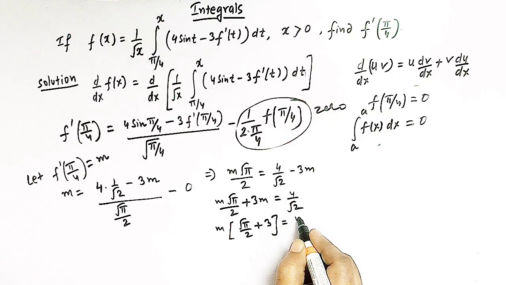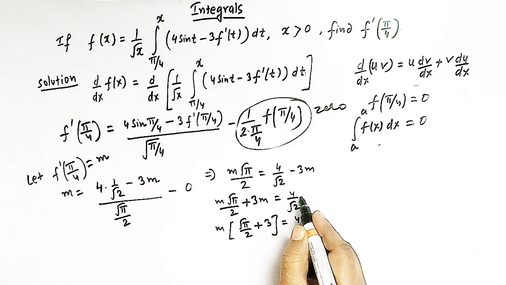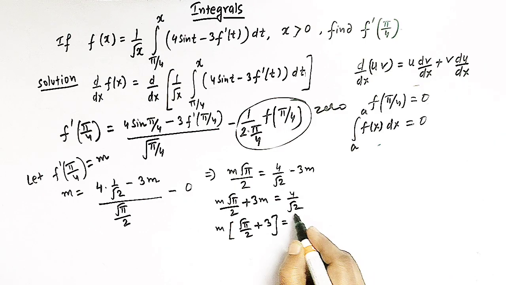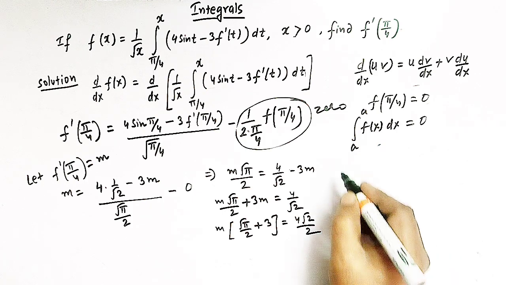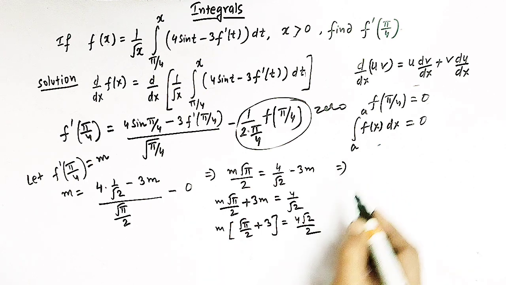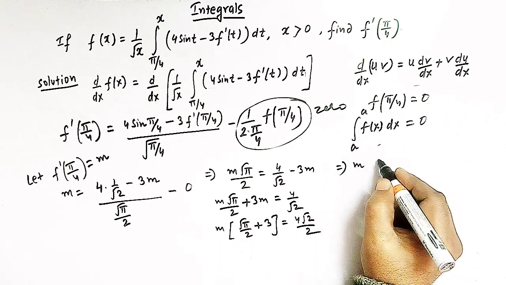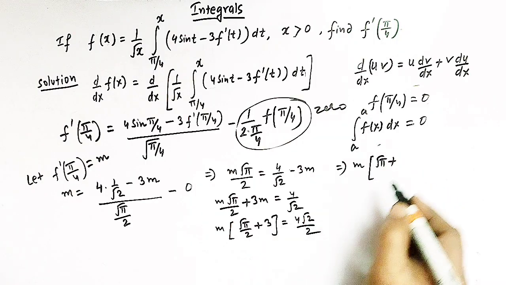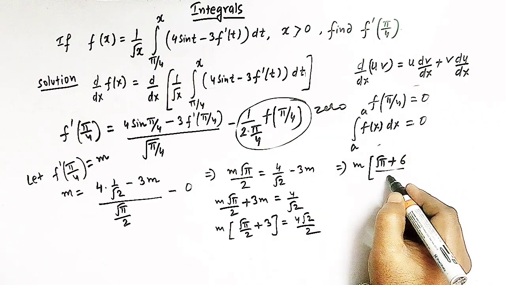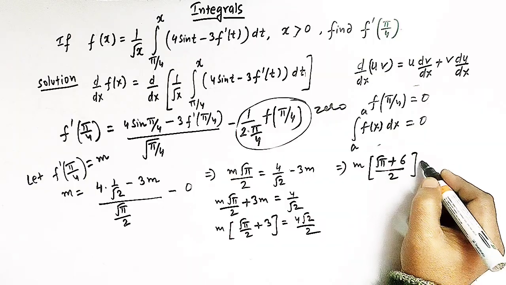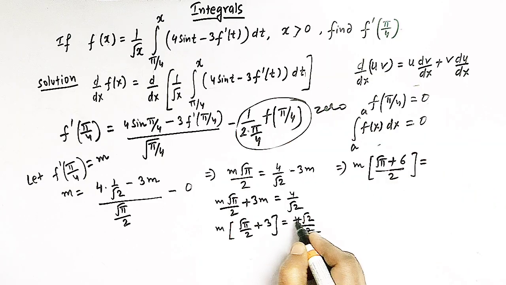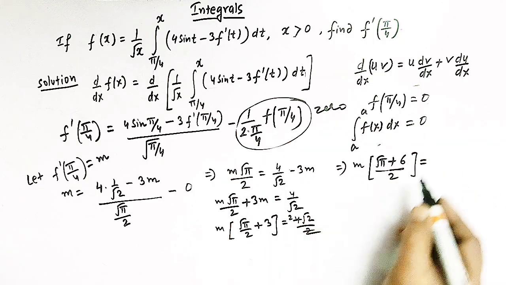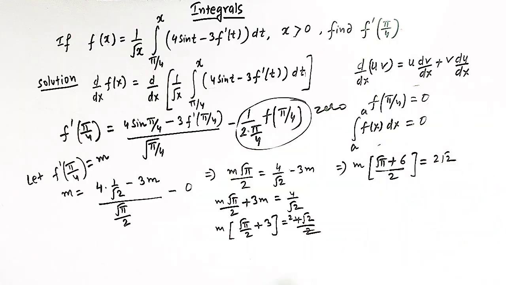And here if we rationalize the numerator and denominator by square root of 2, we have 4 root 2 over 2, right? So now we can write m, and here we have root pi plus 2 times 3 is 6 over 2, and here we have 2 times 2 is 4, so we have 2 root 2, right?